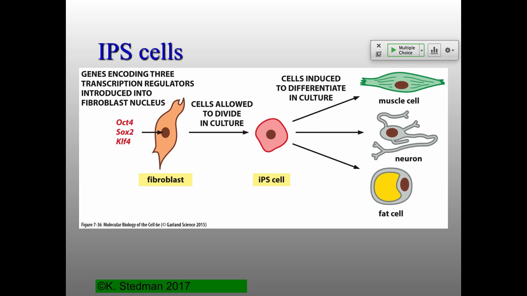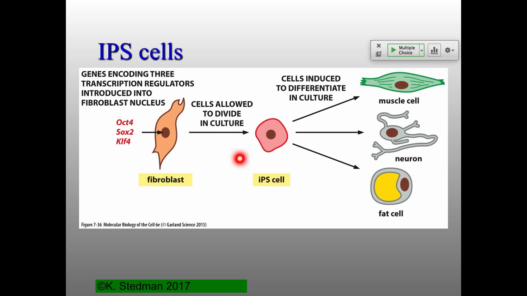3 transcriptional regulator proteins, OCT4, SOX4, and KIF4, which you can take and put into the nucleus of a cell. The way you do this, of course, is with viruses, because they're the best way of doing anything. And then the expression, and particularly the overexpression of these genes, gives you what's called an induced pluripotent stem cell.